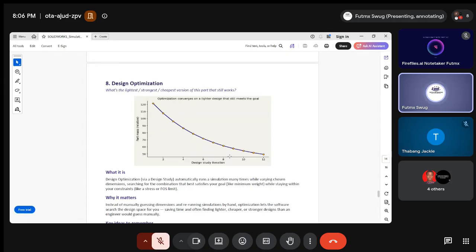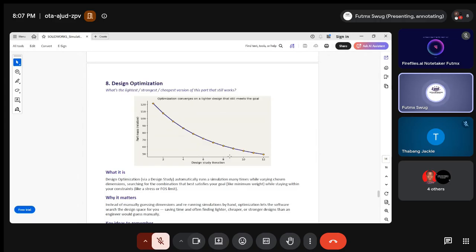What's the lightest, the strongest, or the cheapest version of this part that can still work? So for a static study, for solid objects, we may have to do a topology optimization on that part to see, okay, these are the areas where we need to reduce material to save cost, and then design a cheaper and lighter part that can withstand the required loading condition and still be functional.